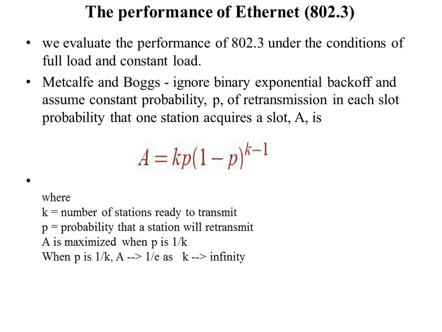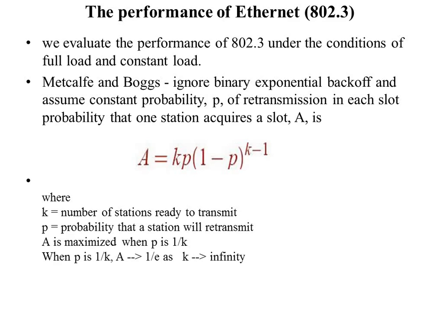Now to understand exactly how the Ethernet is performing, there are certain points we need to understand. Metcalfe and Boggs studied how exactly you will evaluate the performance of 802.3 under various loading conditions, that is a full load and constant load.